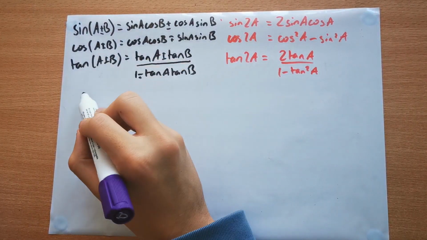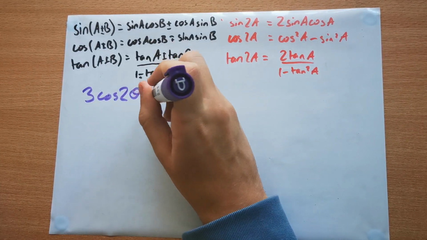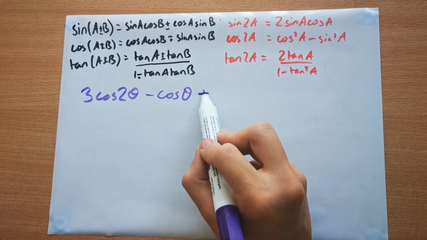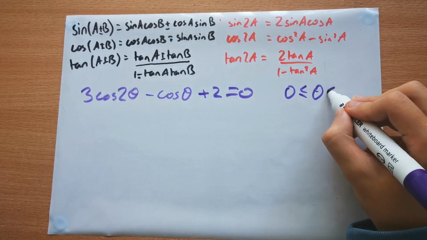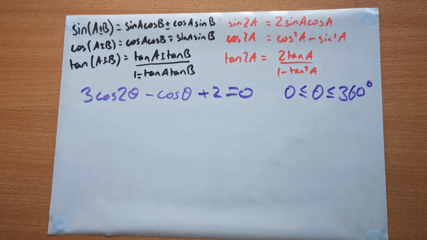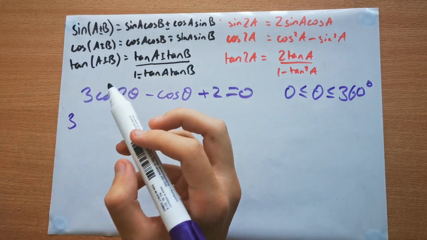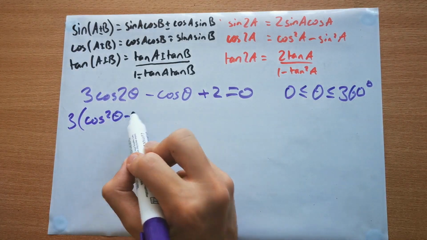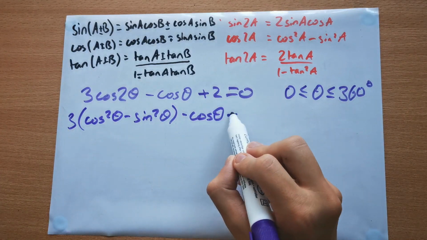So we have the equation 3 cos 2 theta minus cos theta plus 2 equals 0. We're looking for 0 less than or equal to theta less than or equal to 360 degrees. We're working in degrees this time, not radians. So first thing you do, cos 2 theta, we're going to rewrite that as 3 brackets cos squared theta minus sin squared theta, minus cos theta plus 2.